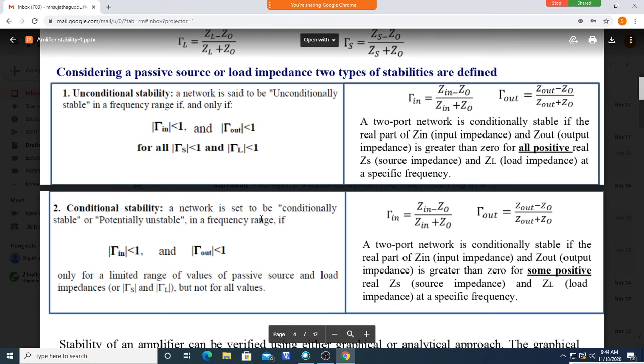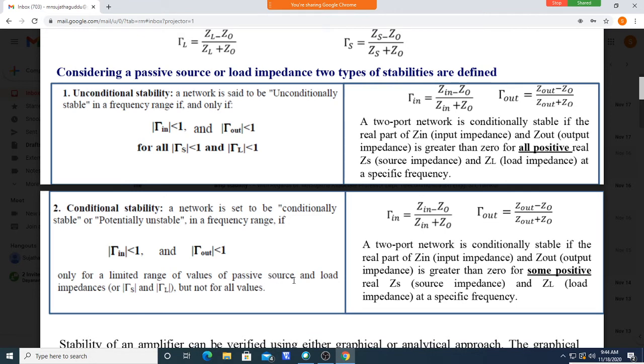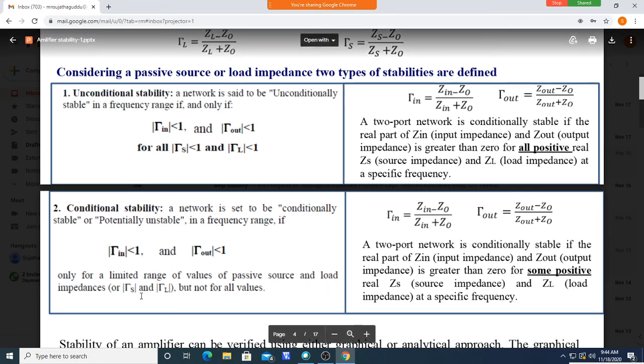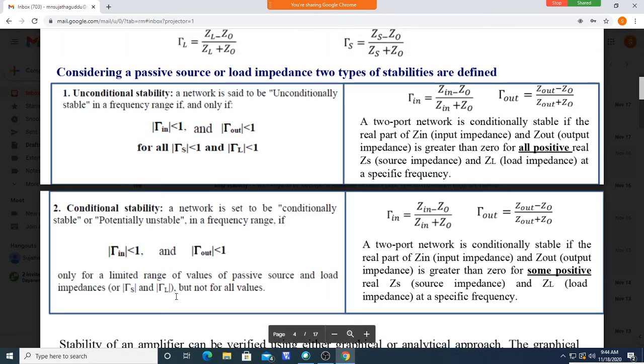Similarly, for conditional stability, this is a statement you should write. A network is said to be conditionally stable or potentially unstable in a frequency range if tau in and tau out are less than 1 only for a limited range of values of passive source and load impedances, that is tau s and tau L, that means Zs and ZL, but not for all values.